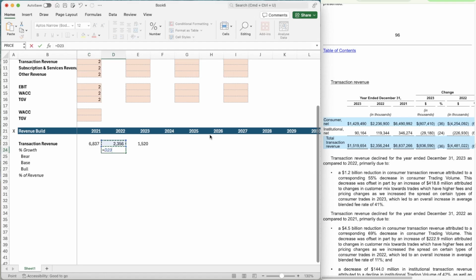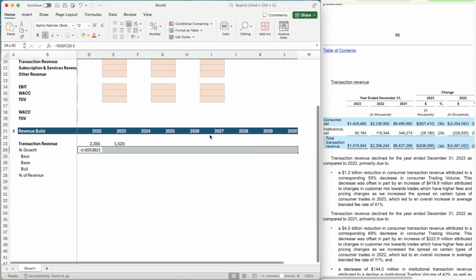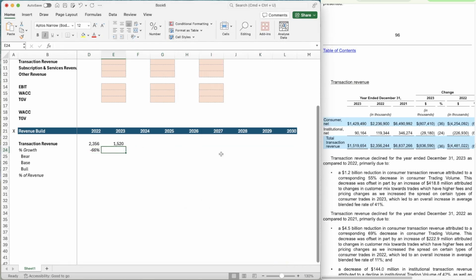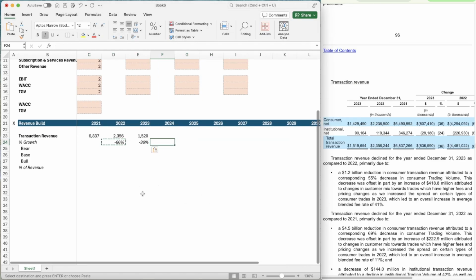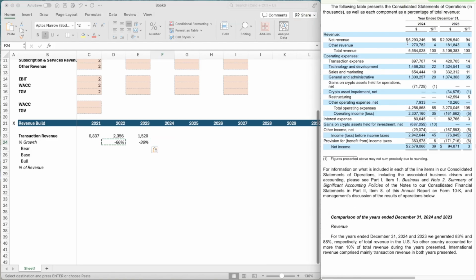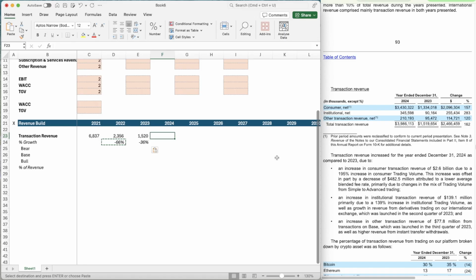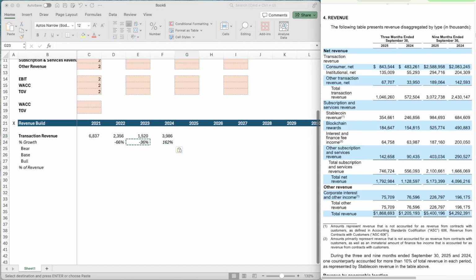To work out the growth, you take the year that we're in, divide it by the previous year, then minus 1. 3986.113 for 9 months.